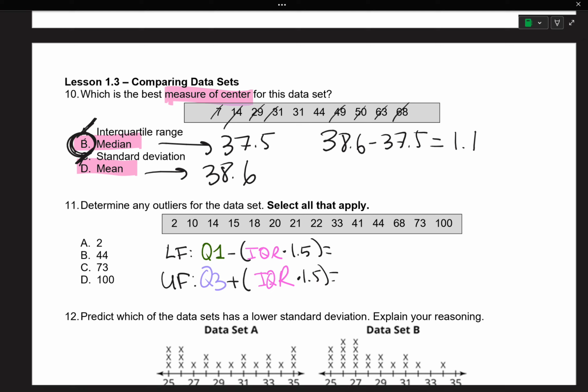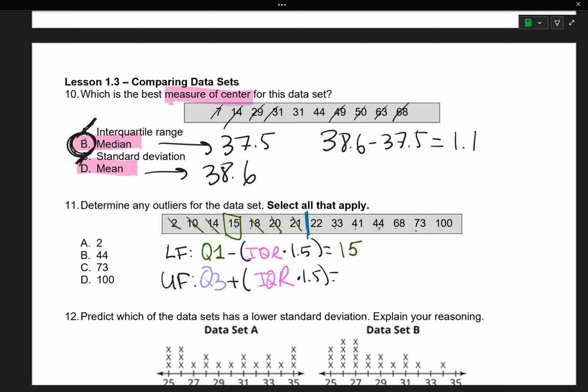Okay, let's find Q1, Q3, and the IQR. All right, so first let's find the middle of our data because we just need to know where the median is. All right, it's between 21 and 22. Cool, I don't need to know what it is. Let's find Q1. Q1 is 15.